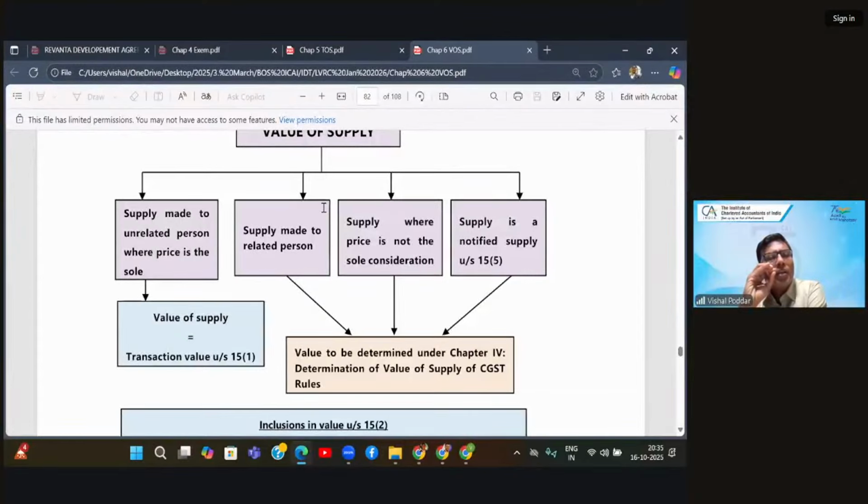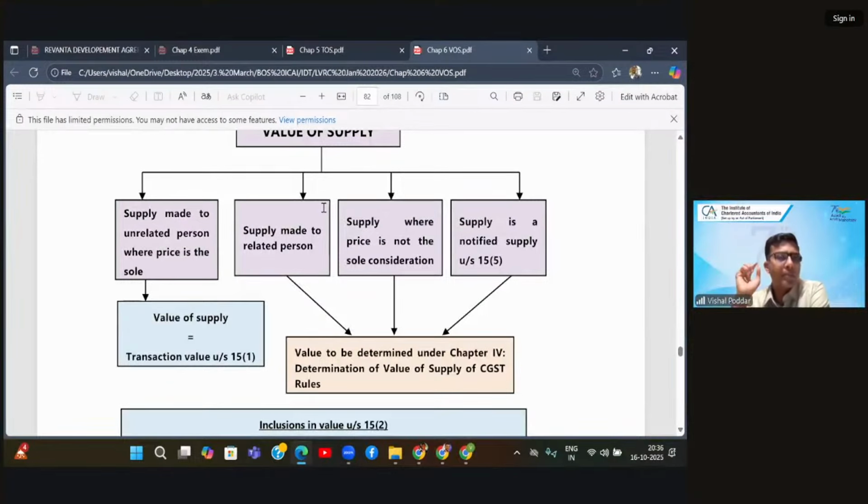Then under 15.5, where in specified scenarios, the government is empowered to notify a value. But again, in notification, it says that they will prescribe a value. So effectively, for both subsection 4 and subsection 5, you have to come to valuation rules only. Because when they say in the manner prescribed, it means prescribed by way of rules.